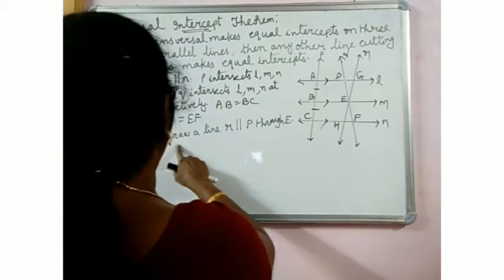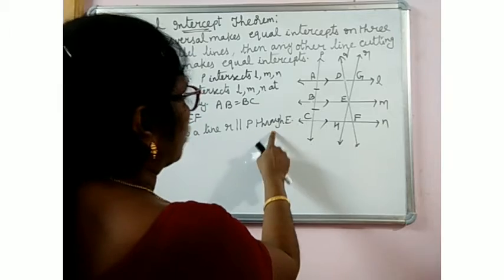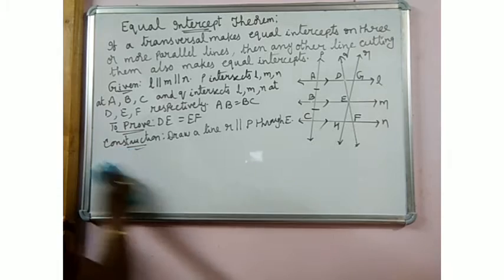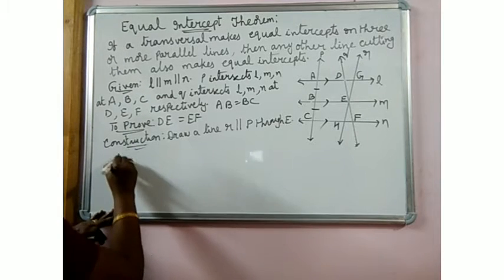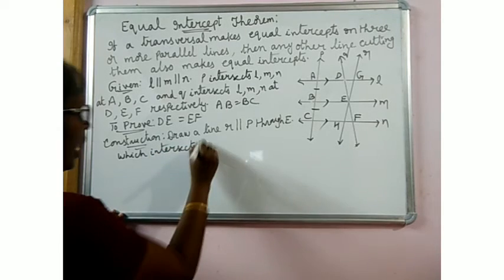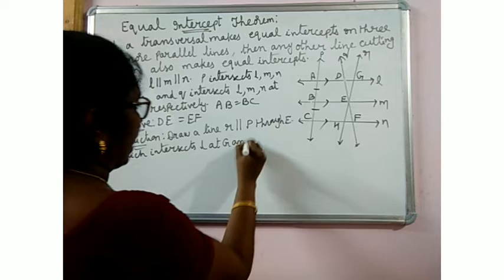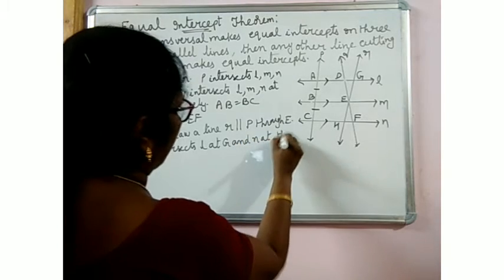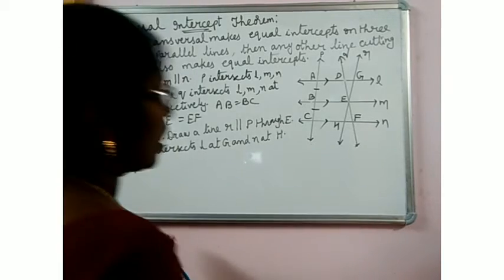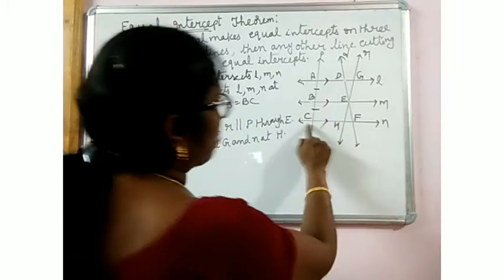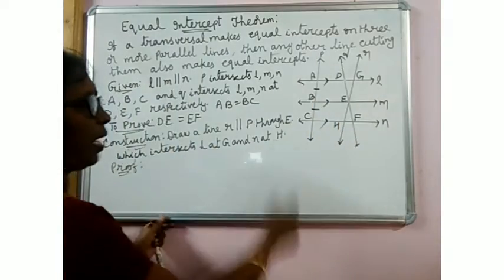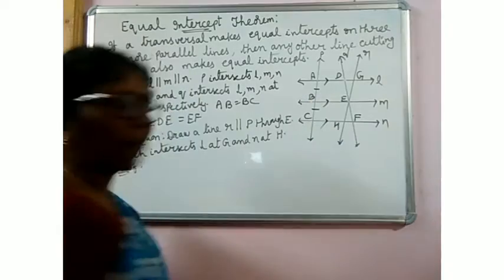Line R, drawn parallel to P through E, meets L at Z and N at H. Now BE is parallel to CH, and BC is parallel to EH because R is parallel to P. So BCHE is also a parallelogram.